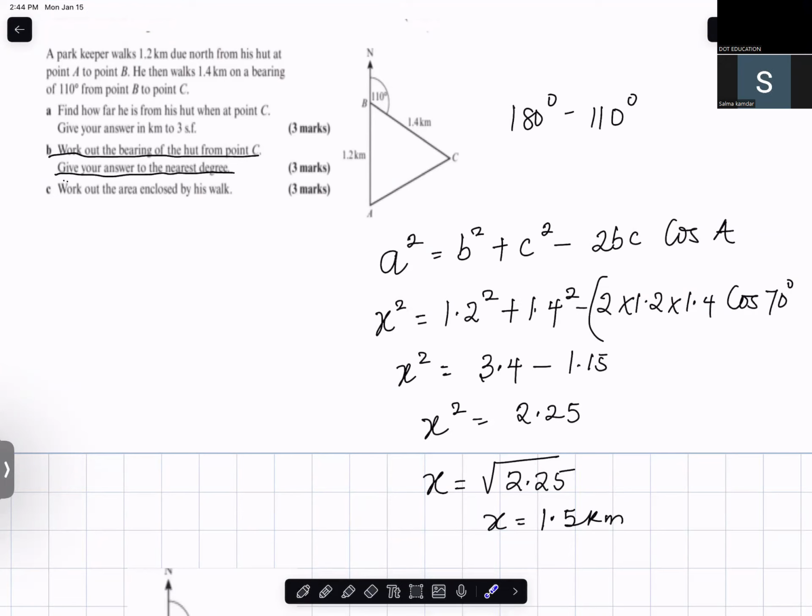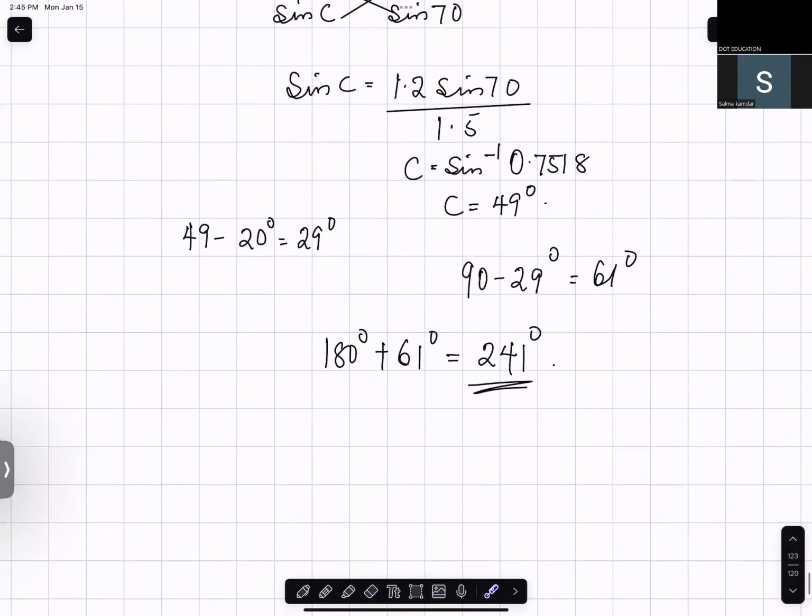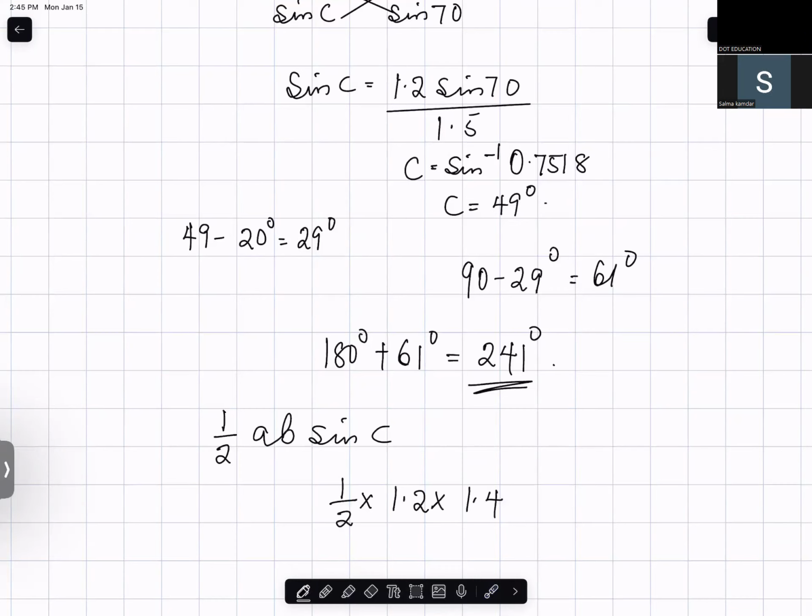Next, we are asked to find the area enclosed by his walk. So what is the area of the total distance he has walked? So we are going to use our area formula, which is half into ab sine C. That is half into 1.2 into 1.4 sine 70 degrees.